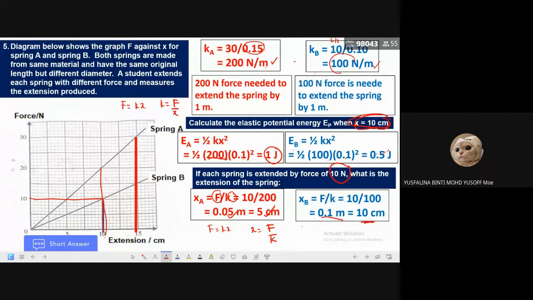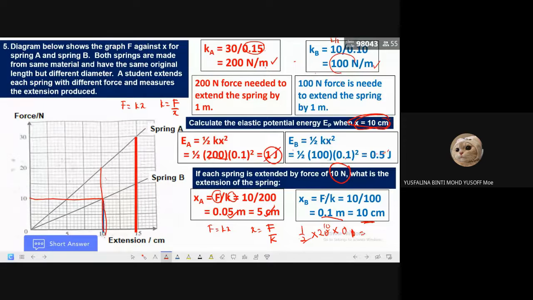So half times F, your F is 20, your x is 0.1. So half times 20 times 0.1, you will get 1 joule.